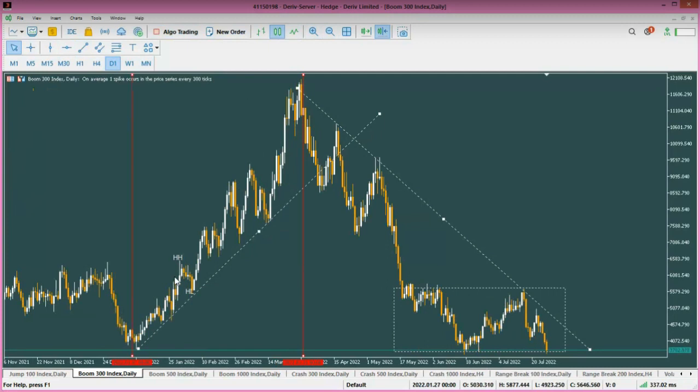It was an uptrending market. That was the type of the synthetic indices market. It was an uptrending market. Now, where are those higher highs and higher lows?